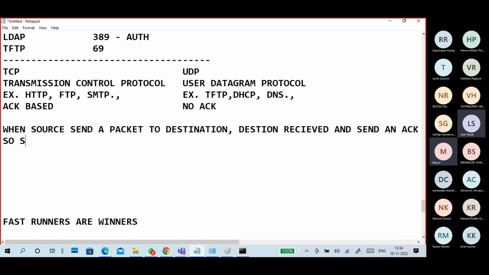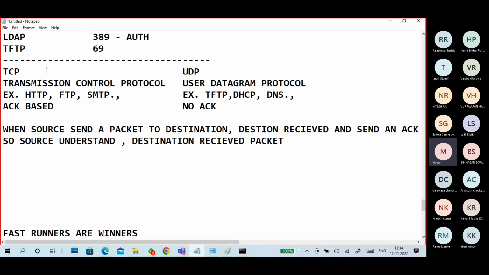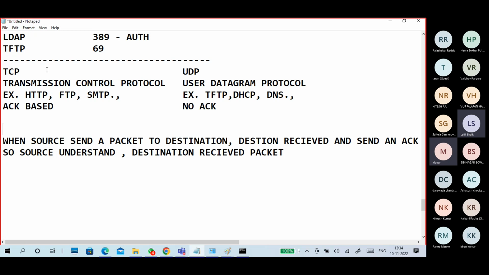So the source understands the destination received it. That is our TCP. That's why TCP is reliable.